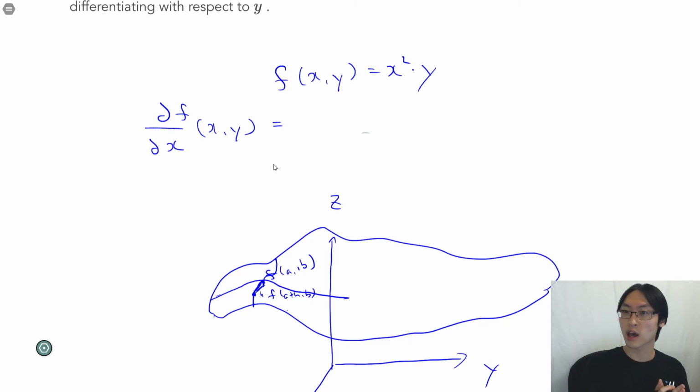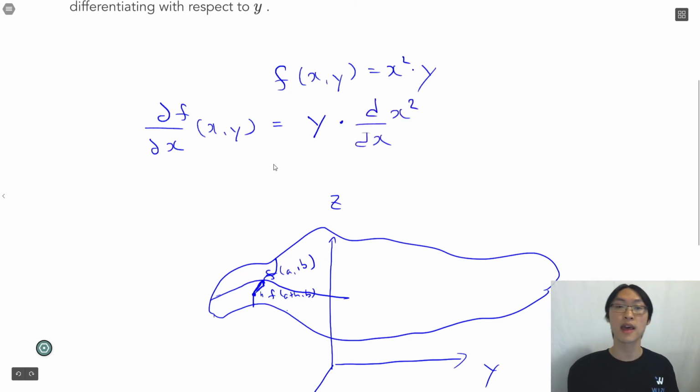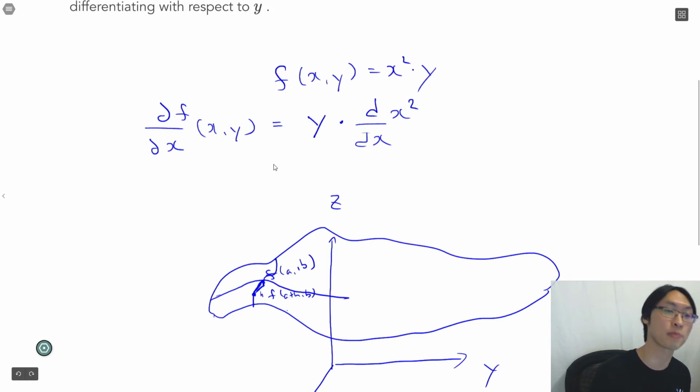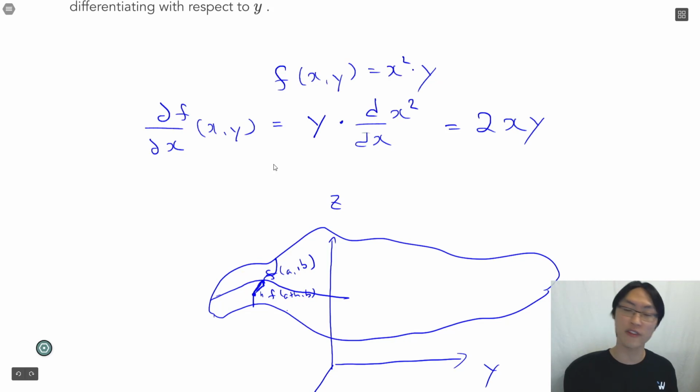If you're differentiating with respect to x, you can pull the constant out of the differentiation. So I have y times the derivative of x squared with respect to x. That is what this partial of f with respect to x turns out to be. It's y, which is now a constant with respect to this differentiation, times the derivative of x squared, which is just 2x. So the partial derivative of f with respect to x of x squared times y is 2xy.